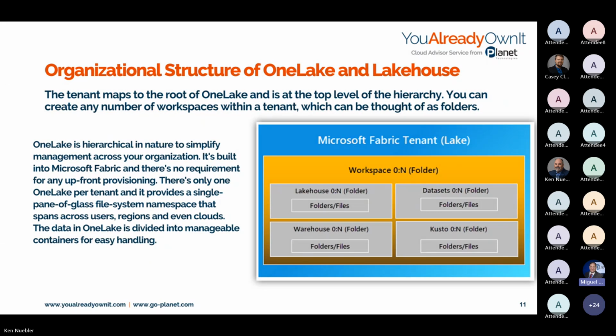In fact, even if you don't have a capacity and you're just dealing with Power BI Pro, your workspace is put into a capacity that's there from your Power BI licensing. But workspaces can be bound to a capacity. Remember, I can have more than one capacity per tenant. In fact, a lot of organizations that are deploying Fabric successfully are going to have a capacity per department or capacity per workload. And that's important to understand.